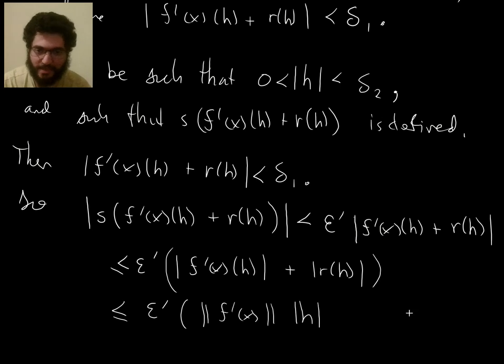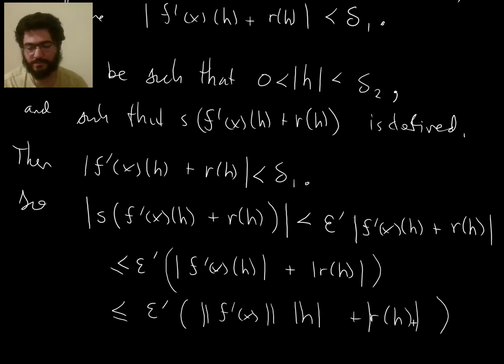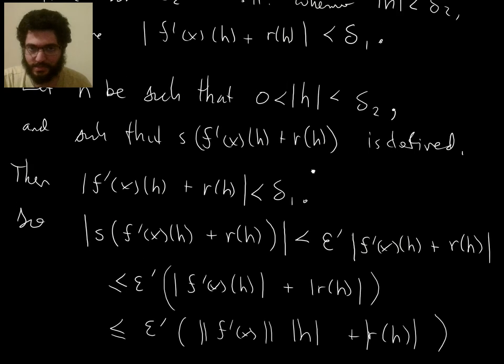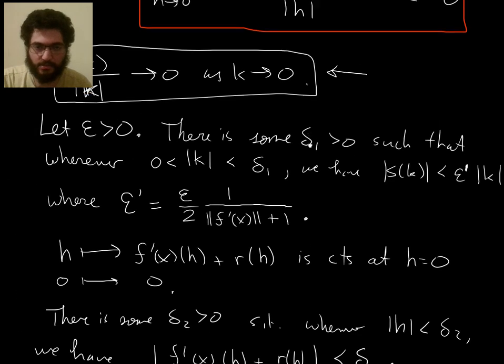So there's an h coming out, and that's really nice. And now, how do I control the norm of this R of h? I think right now I have not successfully controlled it, but I can control it.